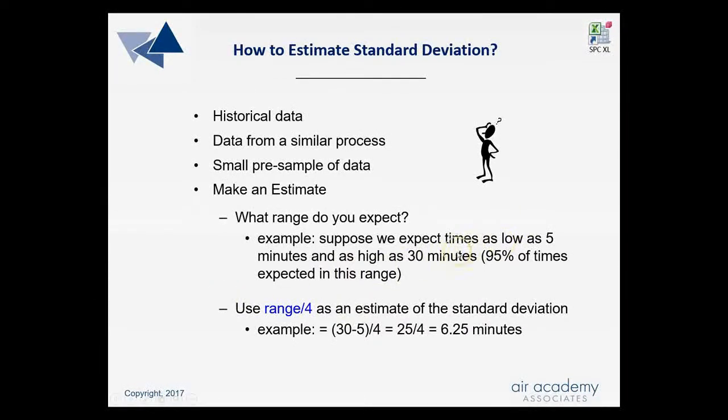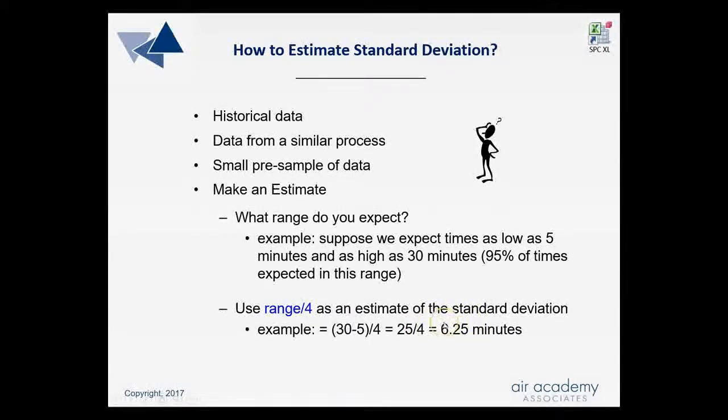Or you can make an estimate. And that is, what range would you expect to get in this particular process? So suppose we expect times as low as 5 minutes and as high as 30 minutes. And let's suppose 95% of the times are expected in this range. Well, a very easy calculation to estimate this is take your range, which is 30 minus 5 or 25 minutes, divide it by 4, and that is about 6.25 minutes.